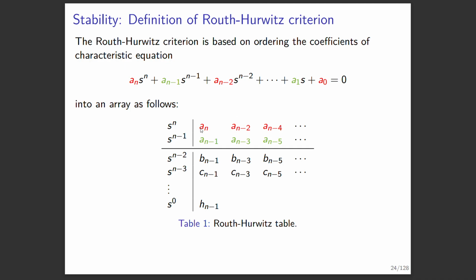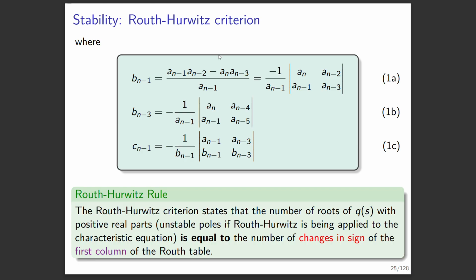So this numerator can be written as negative 1 times the determinant of the matrix with a_n, a_n minus 2 in the first row and a_n minus 1, a_n minus 3 in the second. So that's one way of writing it.